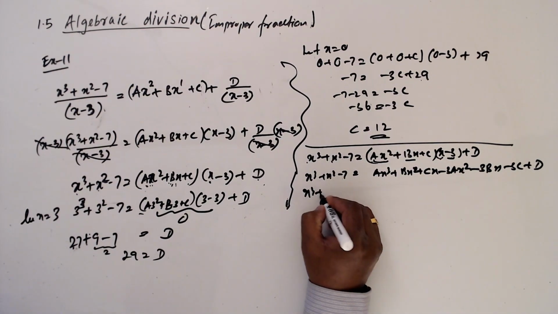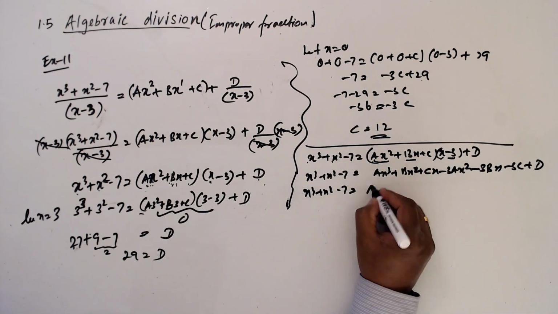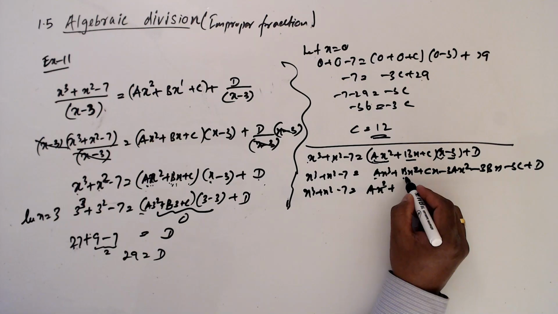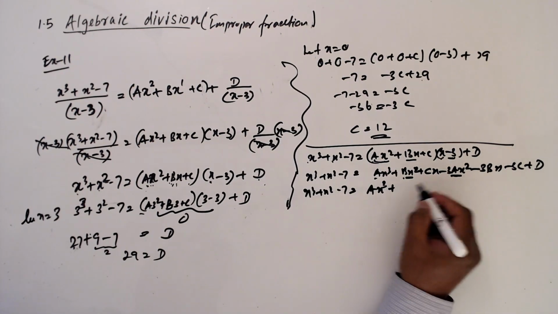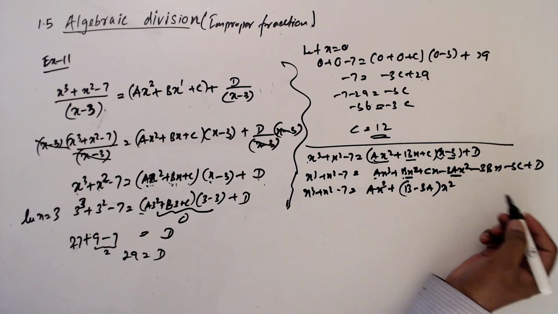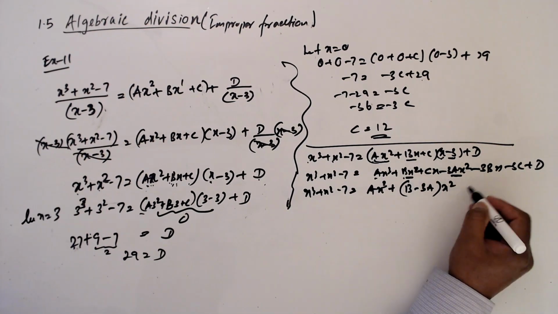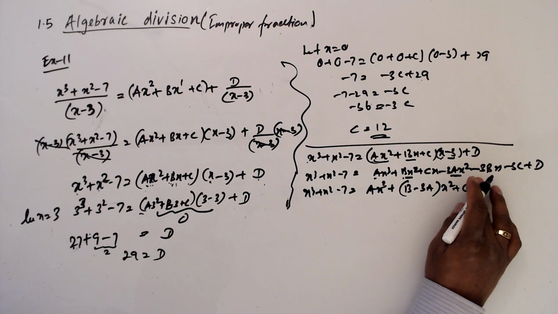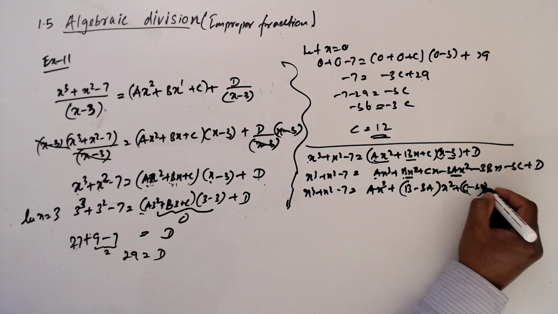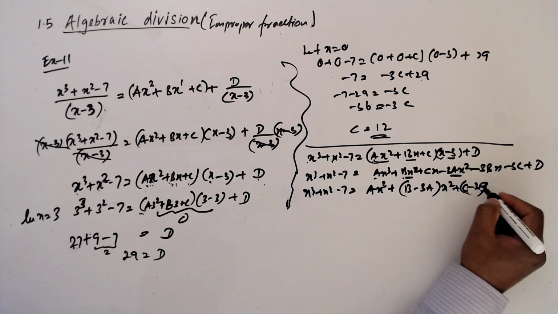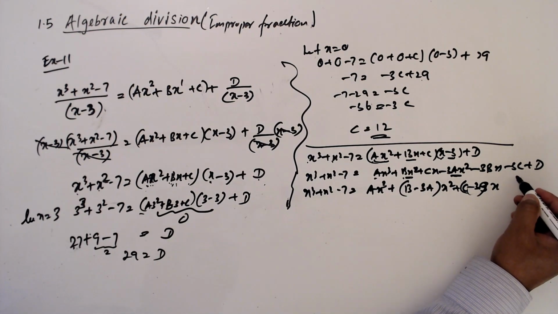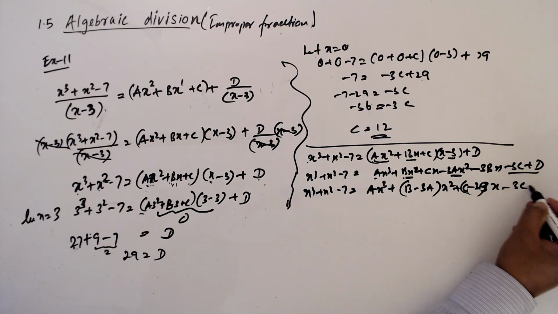This is very time consuming. Then x cube plus x square minus 7: there is no x cube term remaining. The x square term I can see in this one and this one, so b minus 3a times x square, and x terms: c minus 3b times x, then the constant minus 3c plus d.